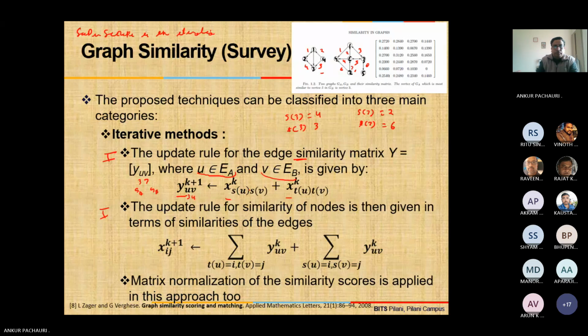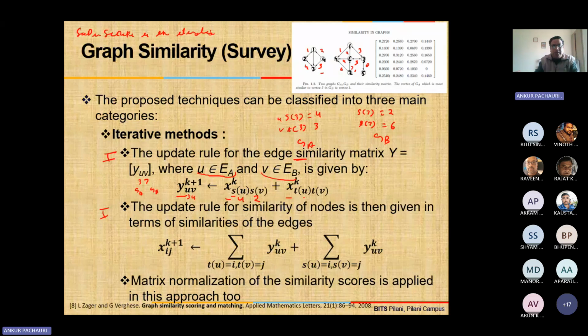So this is U, this is V. So 4 and 2. Okay. So 4 from GA and 2, the second location from GB. So this will be a square matrix, or it can be a rectangular matrix as well. Whatever it be, this is the index from the node similarity matrix.